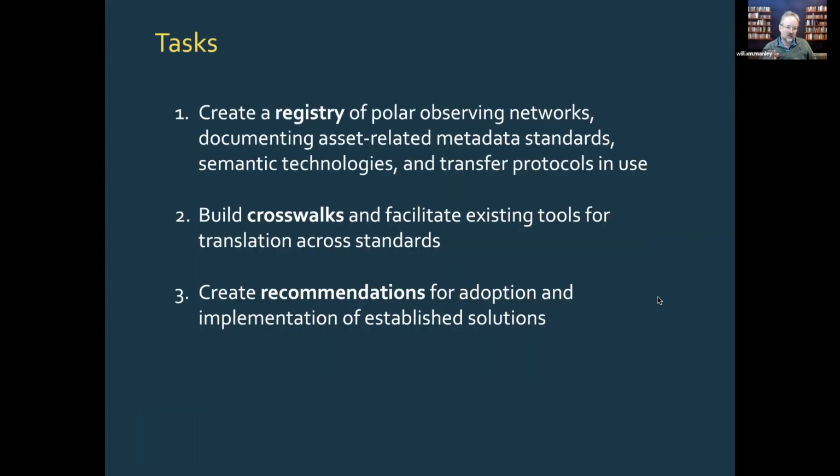We have three tasks: creating a registry of polar observing networks, polar observing systems, I use them interchangeably, focusing on metadata, on interoperability parameters, and then building crosswalks across the few existing relevant metadata standards for observing assets, and then creating recommendations for adoption and implementation, in particular for observing networks to more easily populate, deploy, and share catalogs of observing assets.